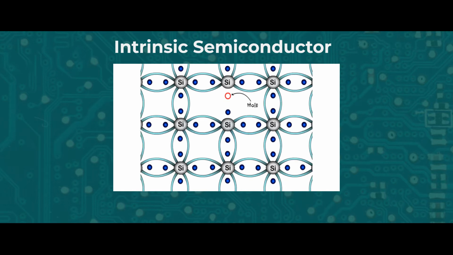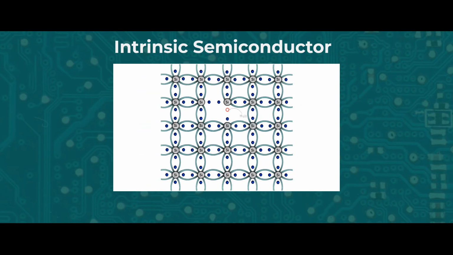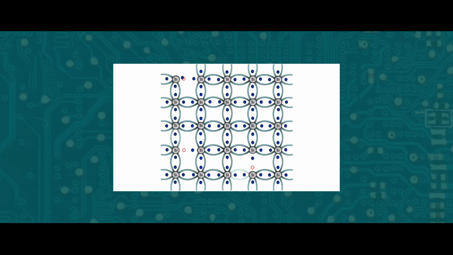So due to these charge carriers at higher temperature, intrinsic semiconductor behaves as a conductor. They conduct electric current to some extent, but the electric current is of the order of only microampere, it is very small. So usually such semiconductors are not of much use in practical.